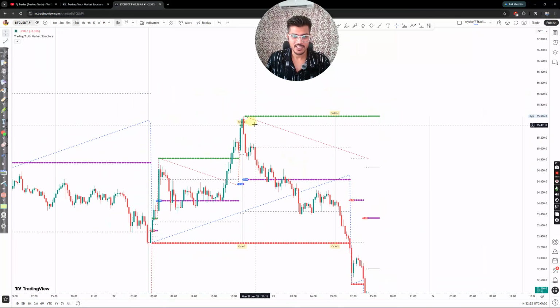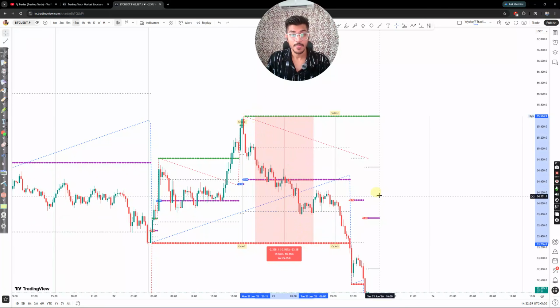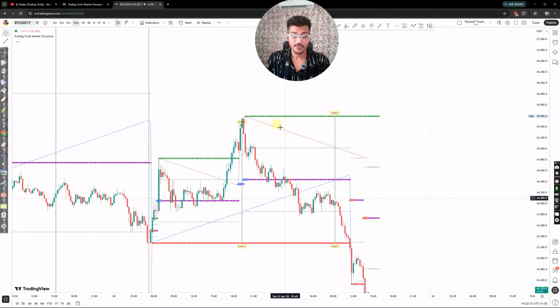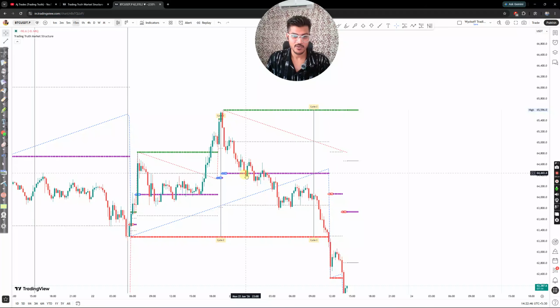If this is my 3.5% range, let's take 3%, and divide it by 4, this is going to be around 0.9, 0.8 something. So each range is around that. The market retraces 1.5% around here, from there to there 1.7 actually.